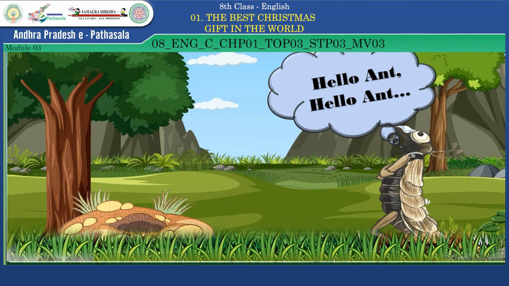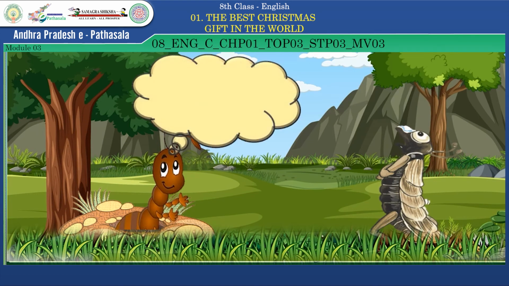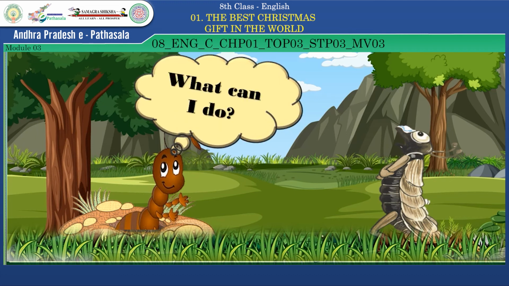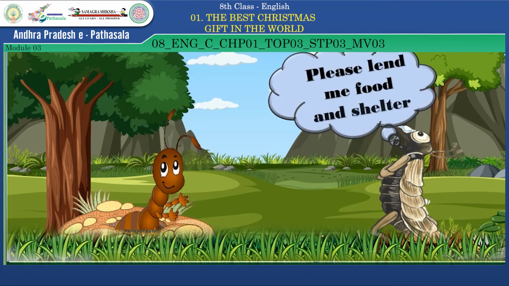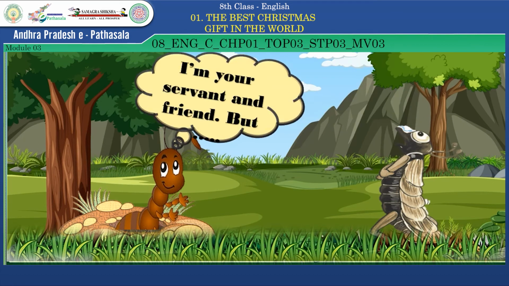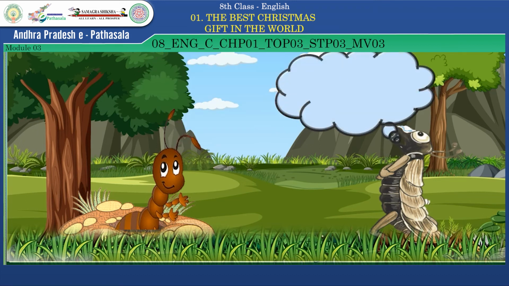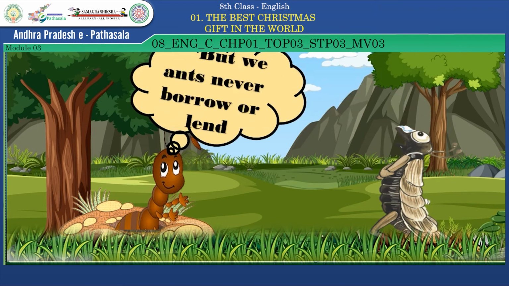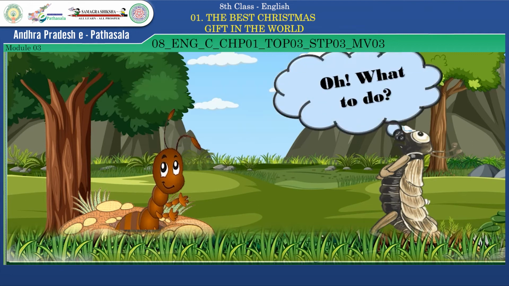Hello, ant. Hello, ant. Hello, my dear cricket. What can I do? Please lend me food and shelter. I am your servant and friend, but what? But we ants never borrow or lend. Oh, what to do?